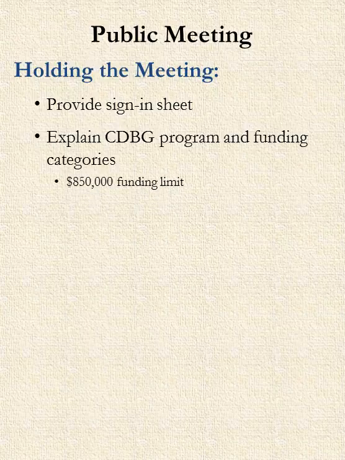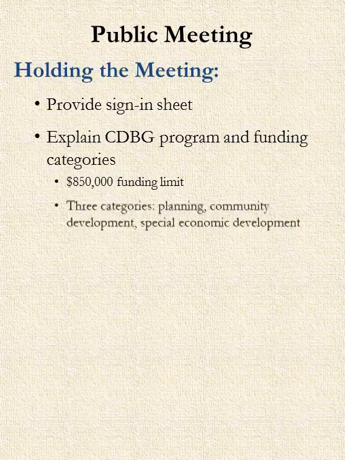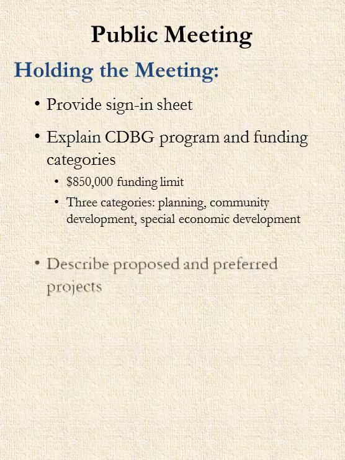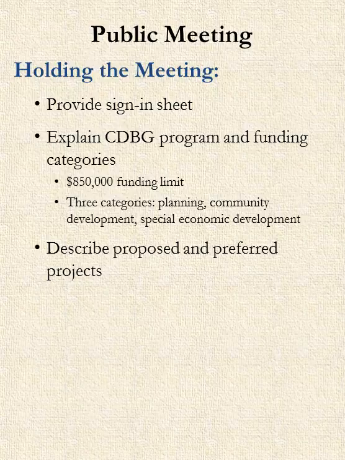There is an $850,000 funding limit for each application, so you need to mention that at your public meeting. And then you also need to mention the 3 categories of applications. That's planning, community development, and special economic development. You will also need to propose at least one project, or maybe a couple if you've come up with a few preferred projects.